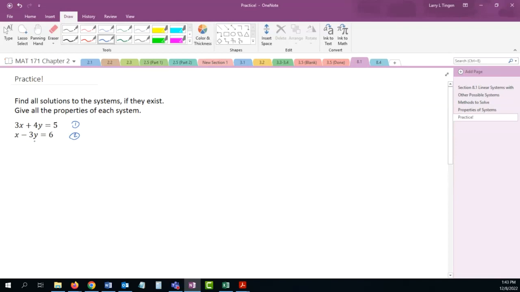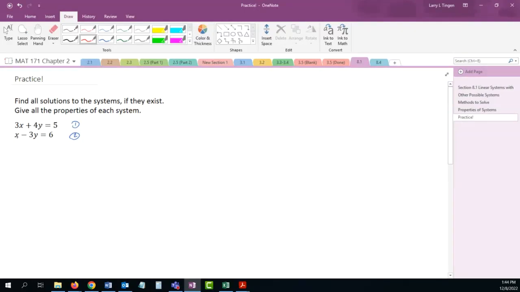If you wanted to do substitution here, a good letter to use would be x, because x does not have a coefficient, right? If I wanted to solve equation 1 for x or y, I would have to end up dividing by 3 or dividing by 4. If I wanted to solve equation 2 for y, I'd have to divide by -3. So I can do substitution, solving the second equation for x and plugging it in, or I can do elimination and multiply 1 or 2 by a number that will make one of the variables go away.